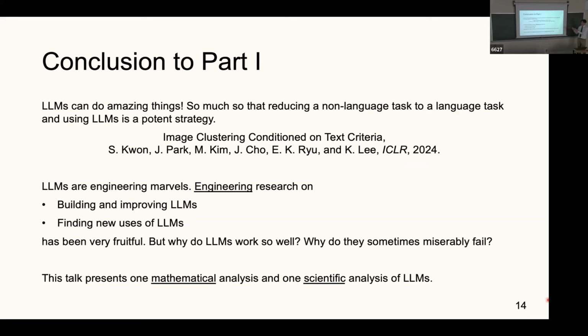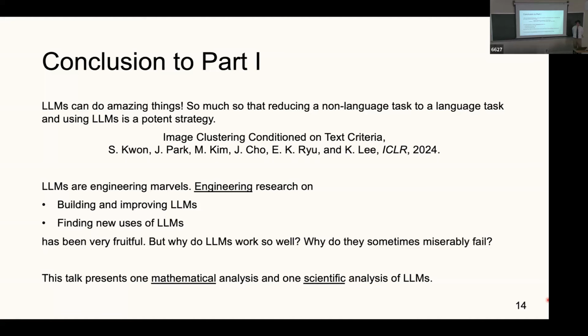But they have their benchmarks, and using LLMs, the LLM beats the classical RL algorithms in those benchmarks. So LLMs are clearly engineering marvels, and there's been a lot of engineering research on how to build LLMs, how to improve LLMs, how to fix some deficiencies of LLMs, and also finding new uses of LLMs. And this has been very fruitful, as we all have seen.